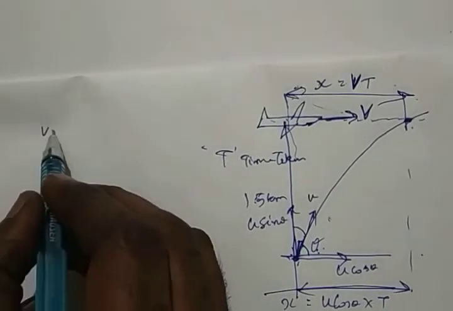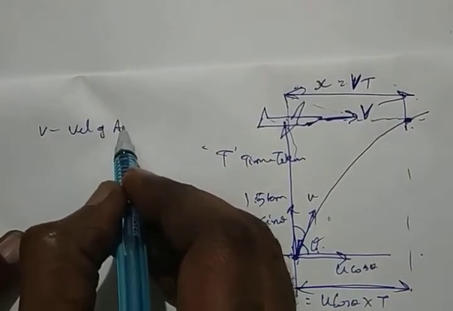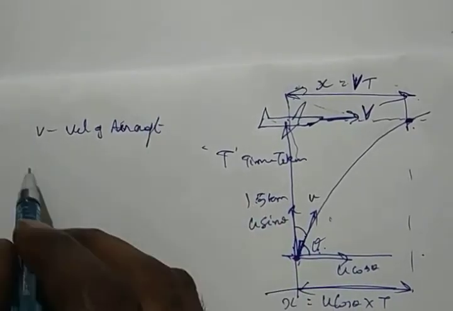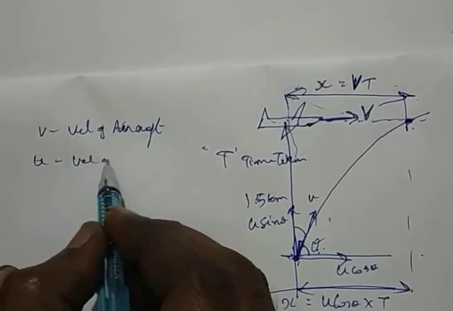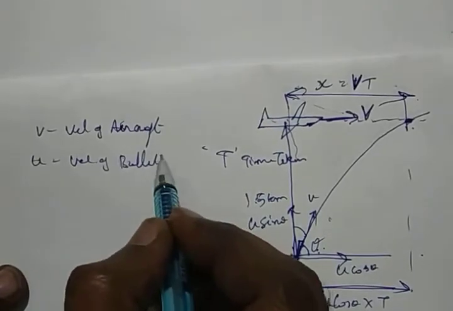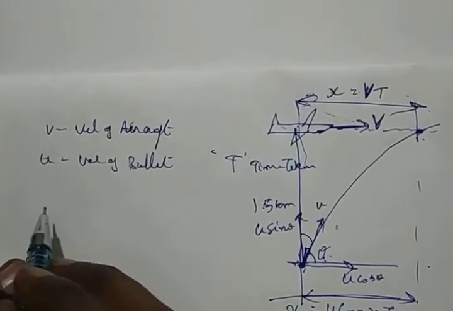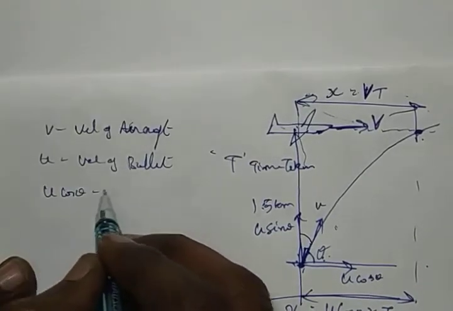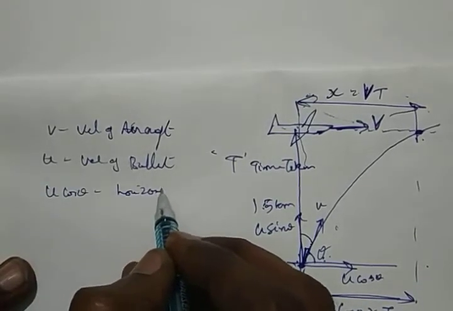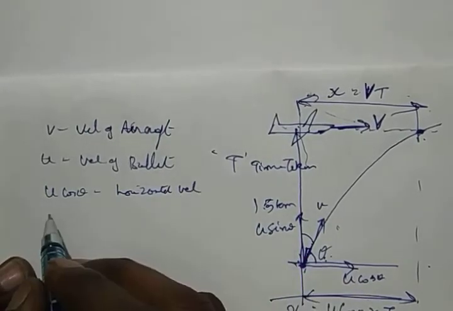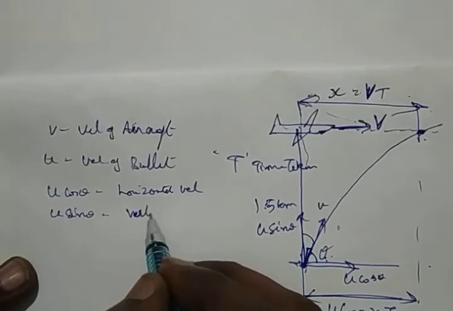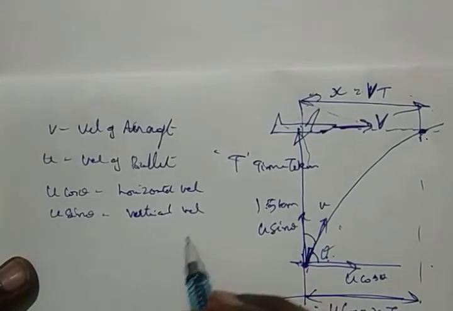So first of all, write down: let v be the velocity of the aeroplane or aircraft, and u the velocity of the bullet. And the next one, u cos theta is the horizontal velocity, and u sin theta is the vertical velocity component.